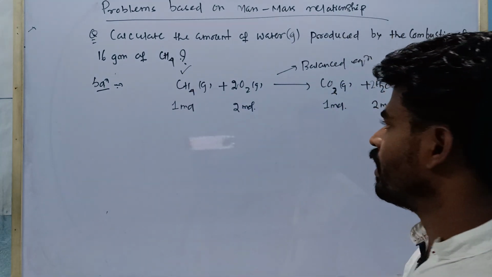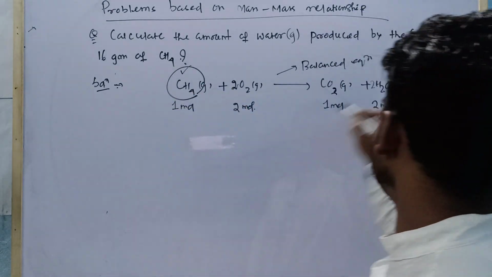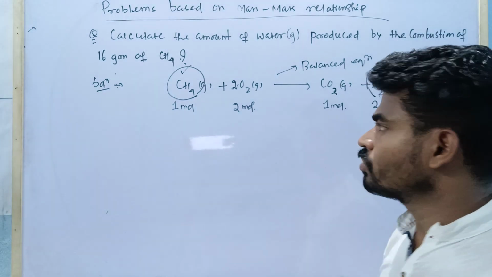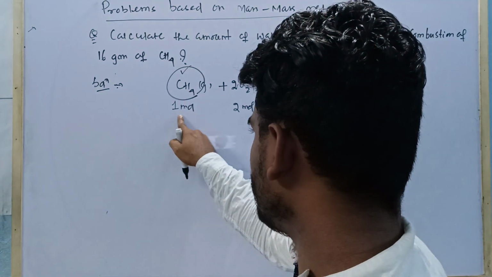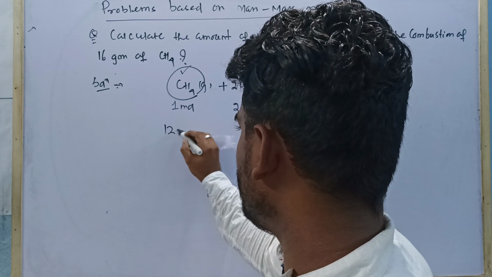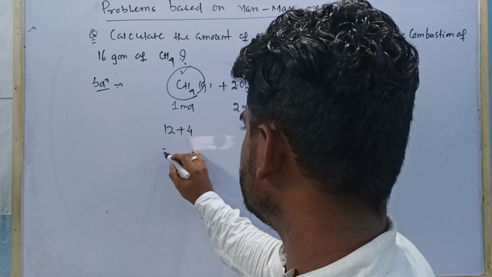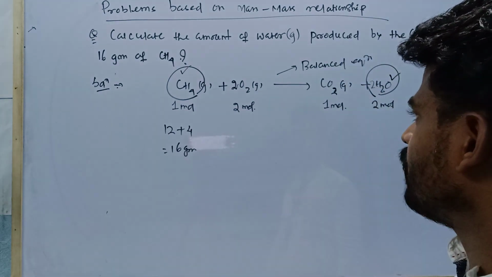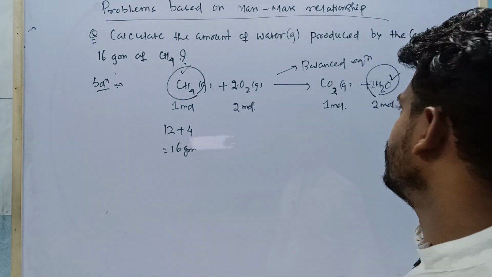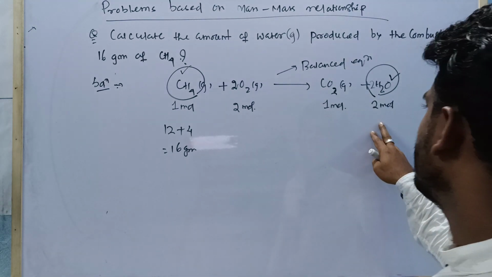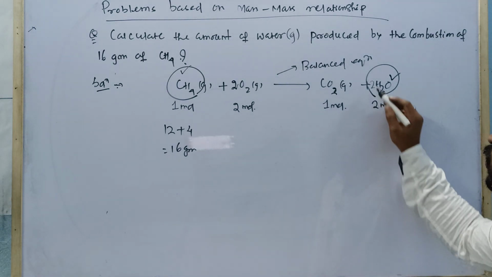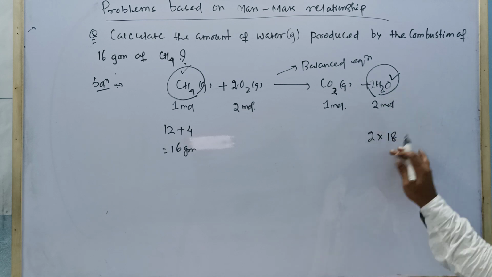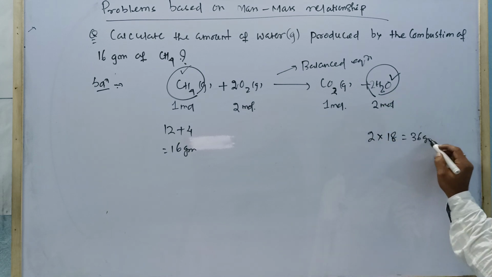We compare methane with water and forget about the other two. 1 mole of CH4 has mass 12 plus 4, that is 16 gram. So 16 gram of methane on combustion with oxygen gives 2 moles of water, that is 2 into 18, equal to 36 gram.